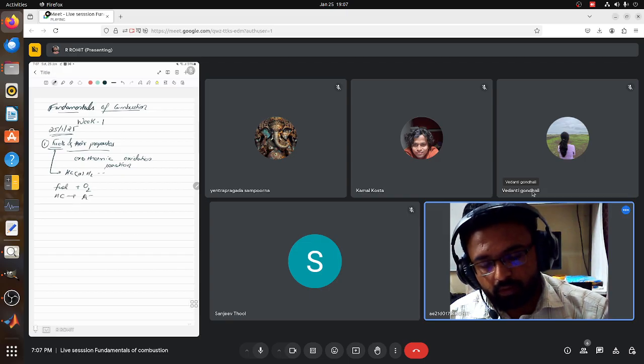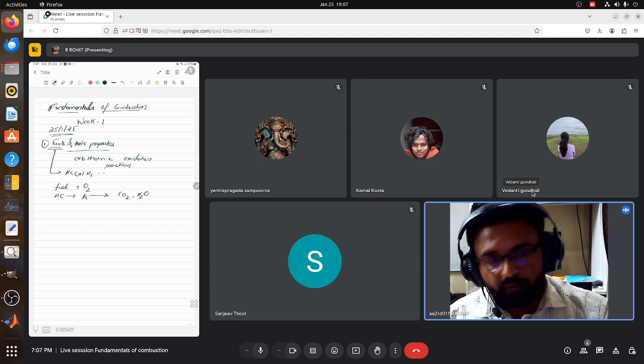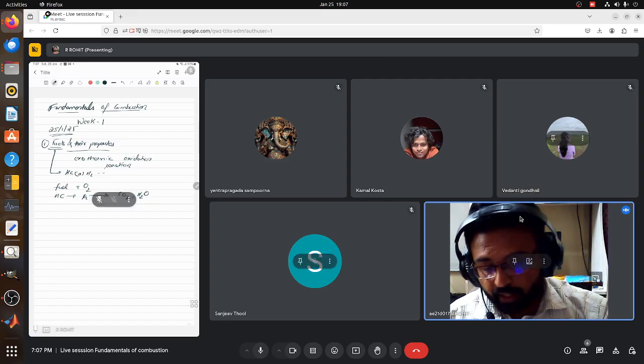With this O2, the hydrocarbons form carbon dioxide and H2O. These are the different output products of combustion.